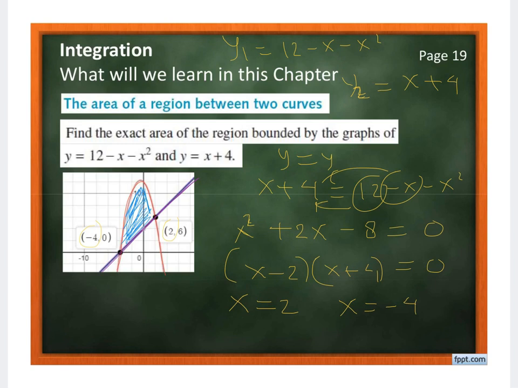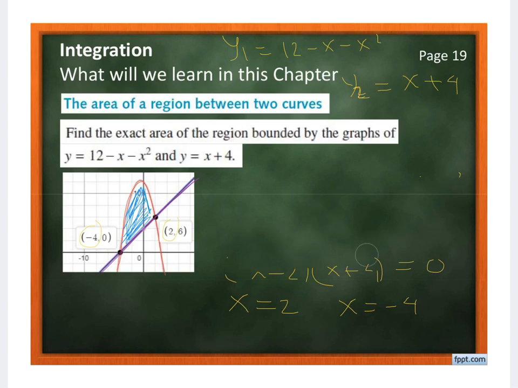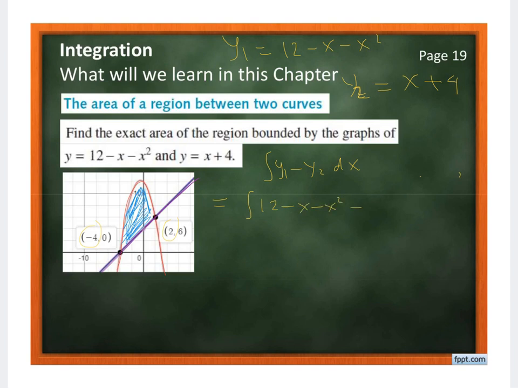Now we find the antiderivative over the bounded region. The integral of y1 minus y2 dx equals 12 minus x squared minus (x plus 4) dx, since the boundary is negative 4 until 2.